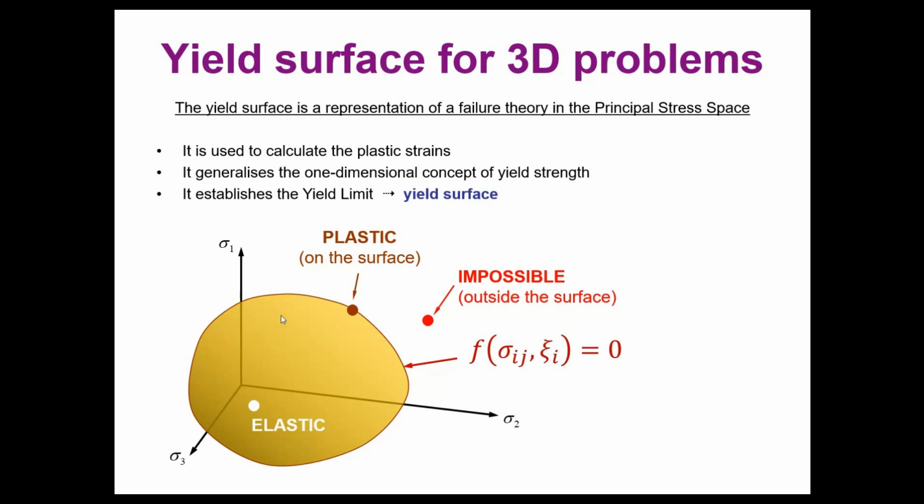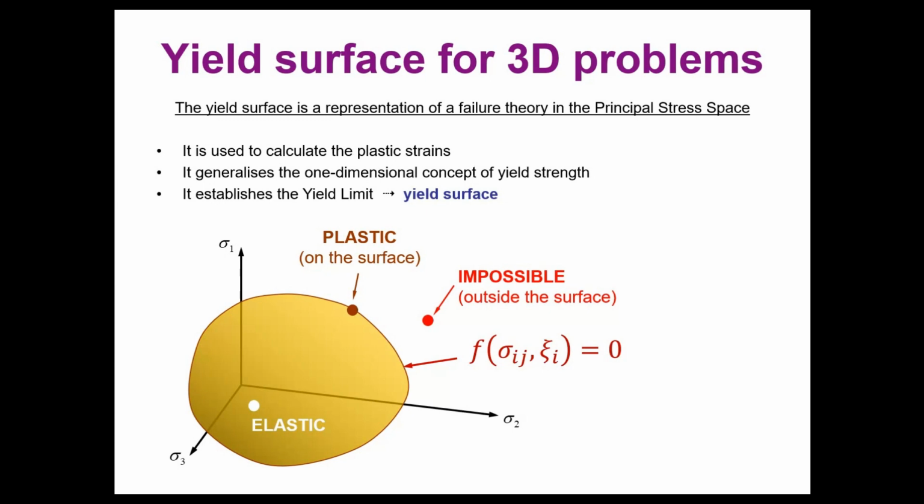The reason why we choose to use this space of the principal stresses is just because if we choose to use the more general space of all the stresses, the axial and shear stresses, we are not going to be able to sketch or to plot this surface. But of course, mathematically, you can define, and you will define, the surface using the complete stress tensor.